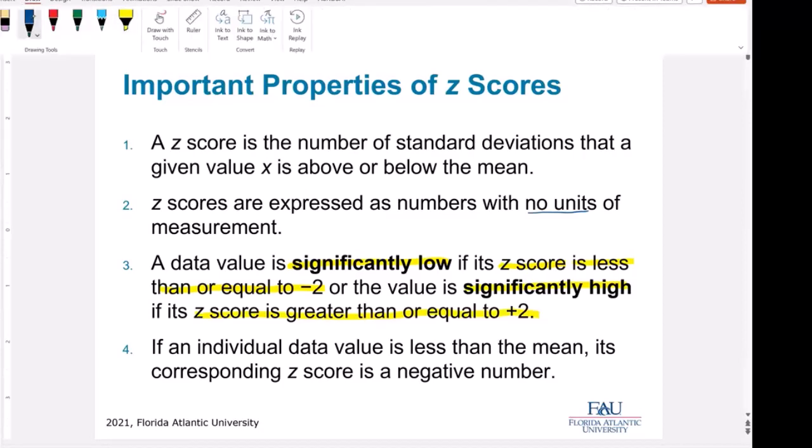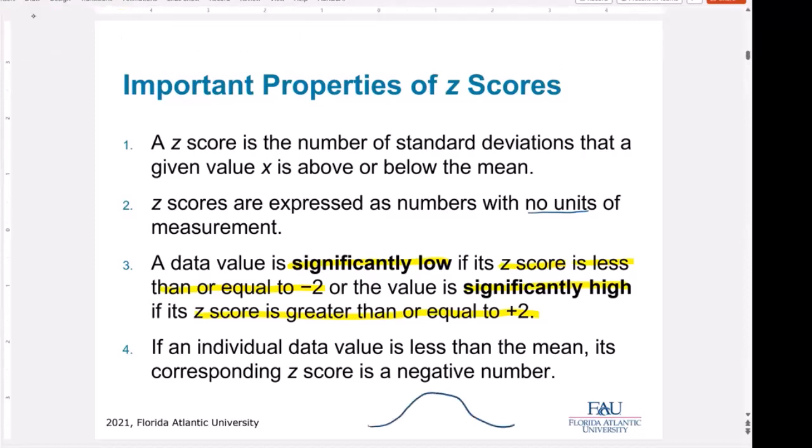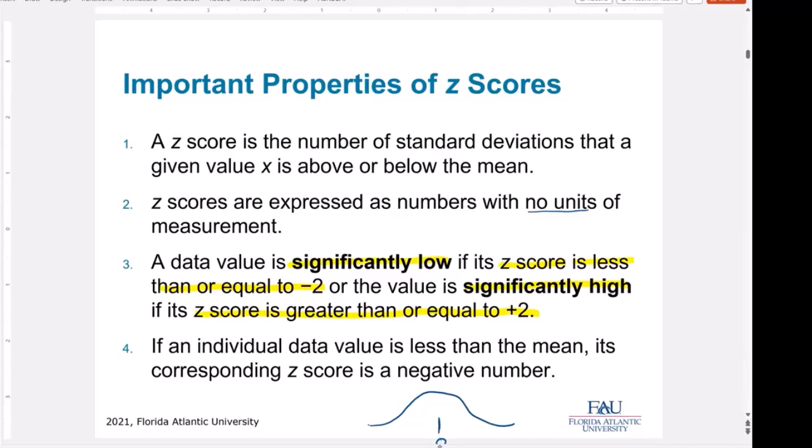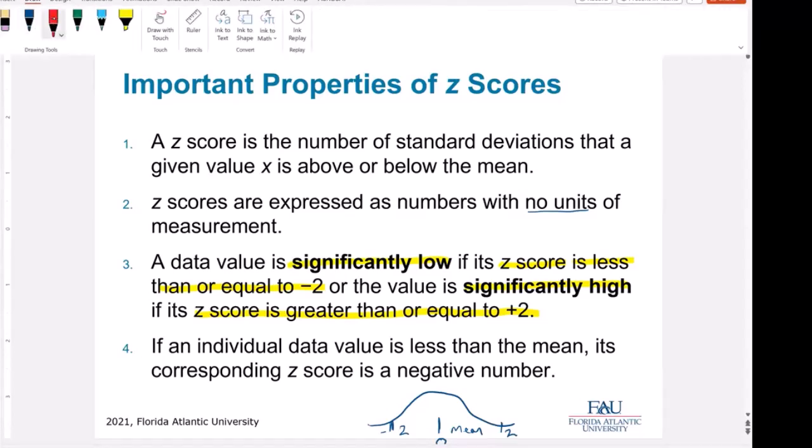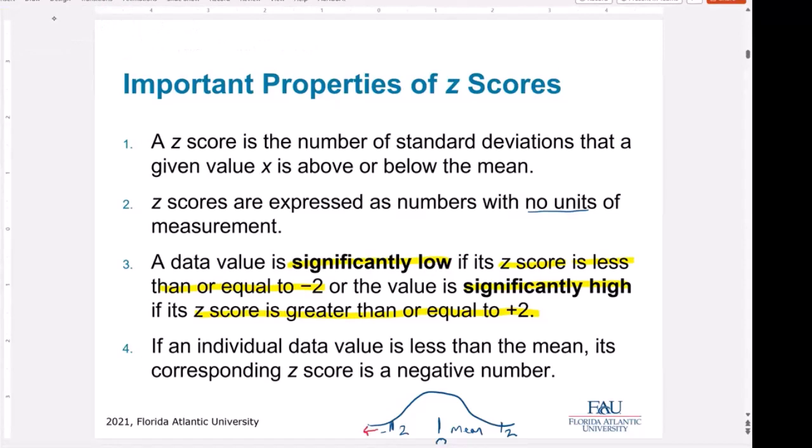Again, if we have our bell curve, and this is our 0, which is our mean, let's say this is -2, and this is +2. Anything that is to the left of -2 or the right of +2 would be considered significantly low or significantly high.